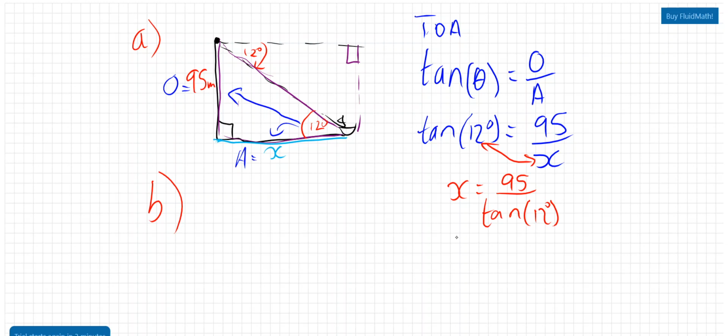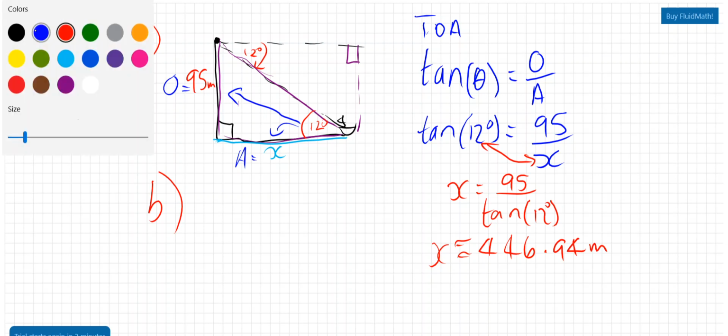Okay, now all you're going to do is enter this into your calculator. The 95 divided by tan. Please make sure you use brackets around the 12 degrees. And we end up with X is equal to 446.94 meters. The question asks us to the nearest second decimal place, so I'll put approximately. Now, because we're doing an application, please write your final answer as a statement.